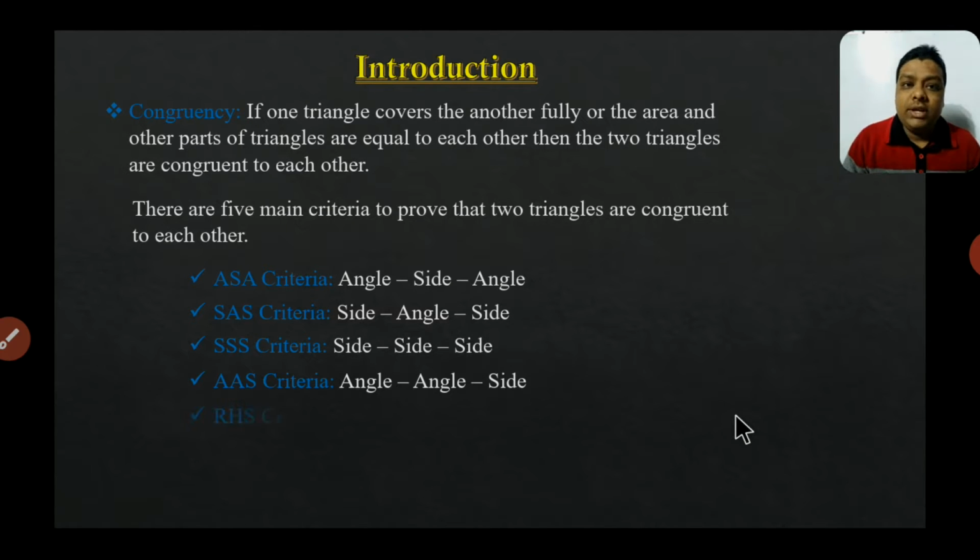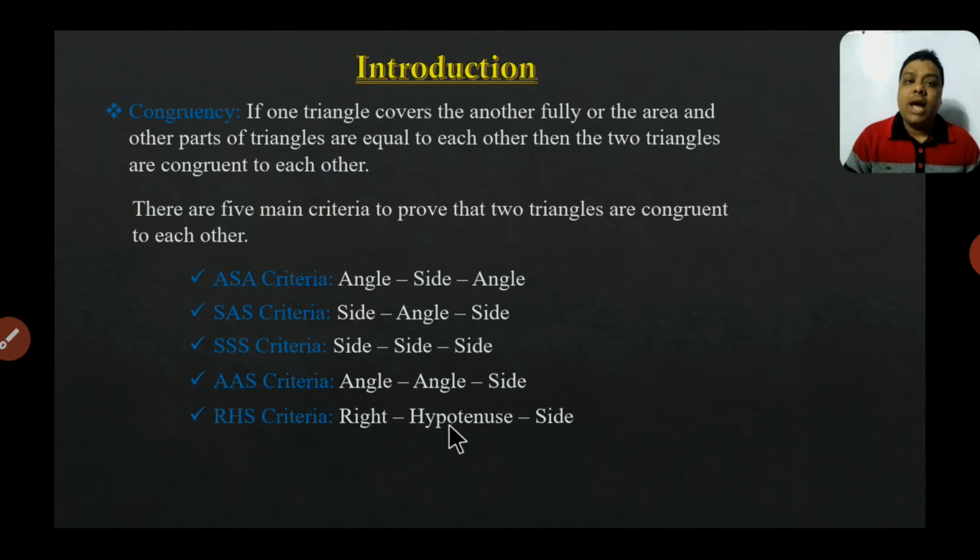And the last one is RHS criteria. It means not right hand side. It means right angle, hypotenuse, side. If one right angle, one hypotenuse and one side of the first triangle are the same in the second triangle, then we can say that both triangles are congruent to each other.